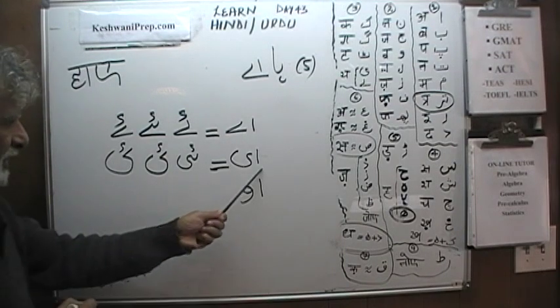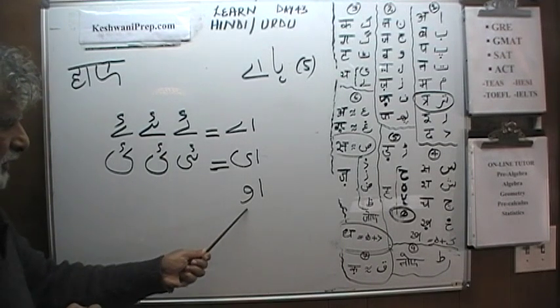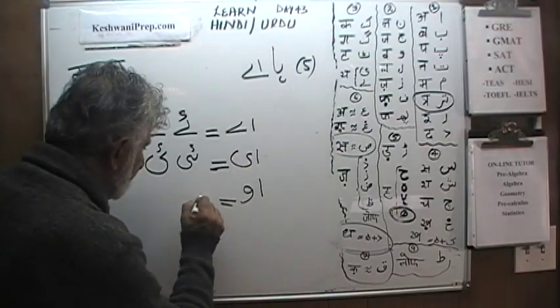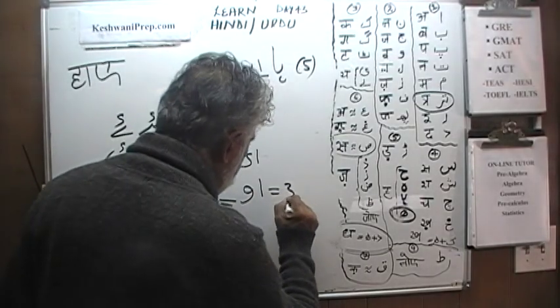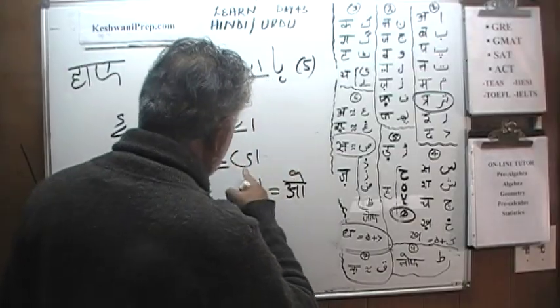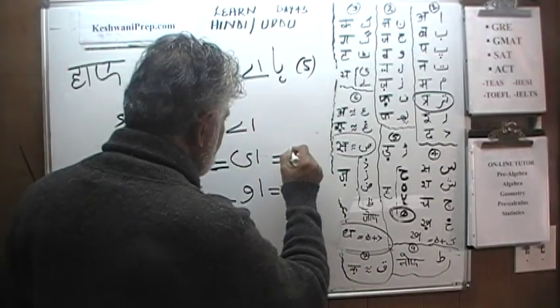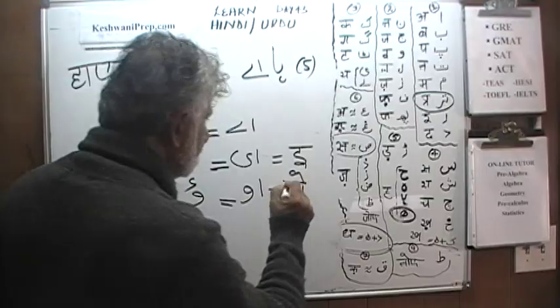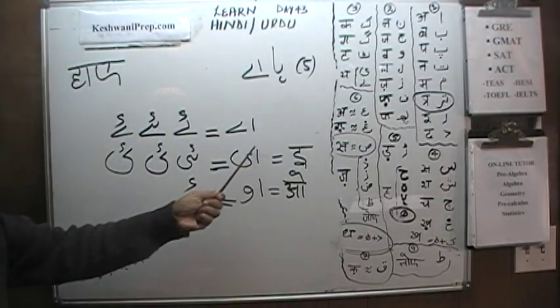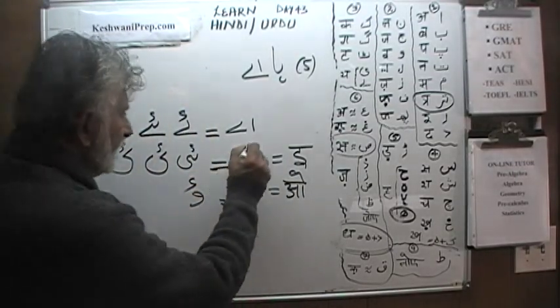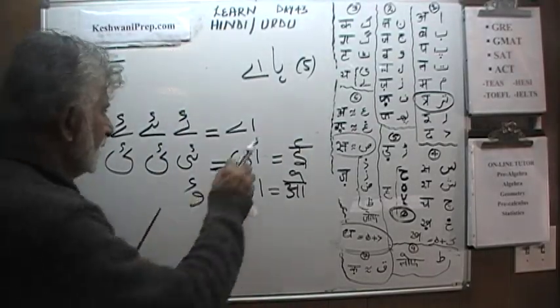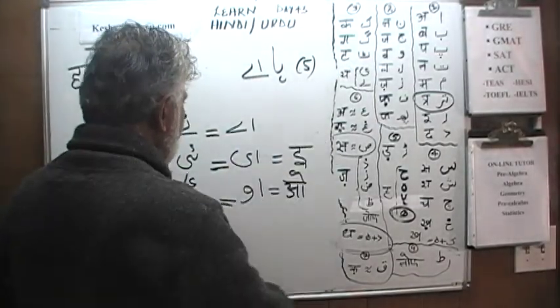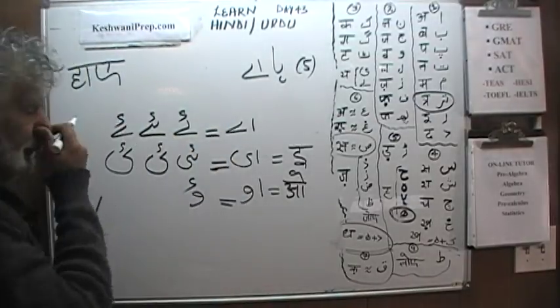This is a combination of Aleph and a choti A. Aleph followed by a Waw, again, you're going to write it Waw and a Hamza on top of it. So this is O. This is E. Choti E, as you can see. Badi E, if you were to put a zabar on it, this will become badi E. But this is choti E. And this is A. We just did that right here.